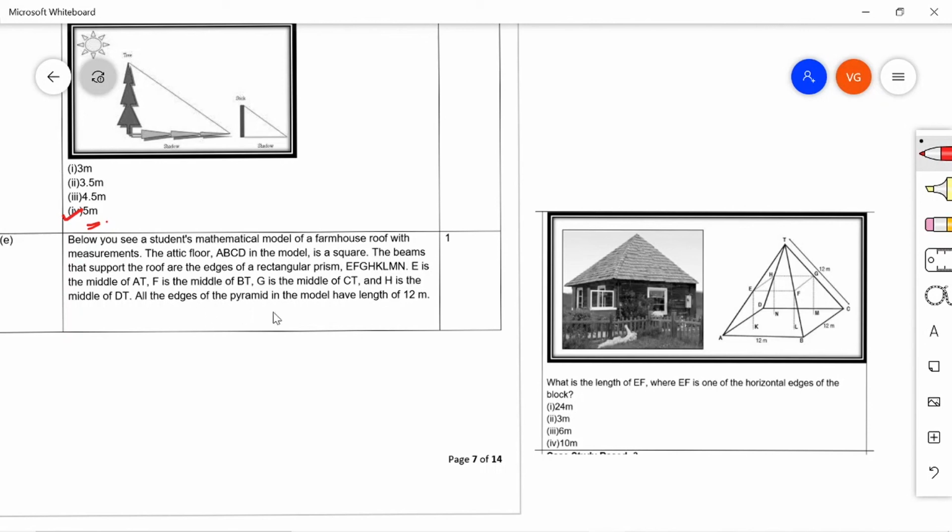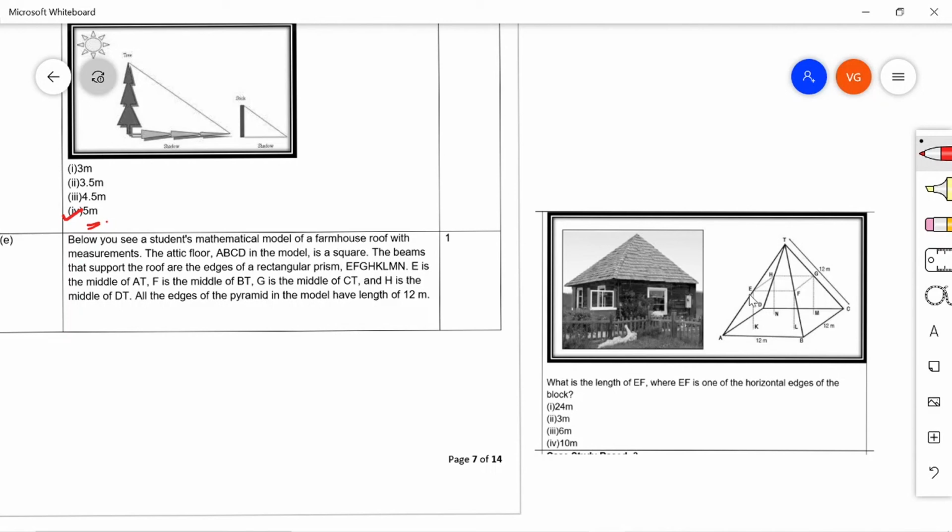All the edges of the pyramid in the model have length of 12 meter. So for a clear understanding, I have just copied down the picture next to the question. See, this is the picture given, and the question is, what is the length of EF, where EF is one of the horizontal edges of the block.